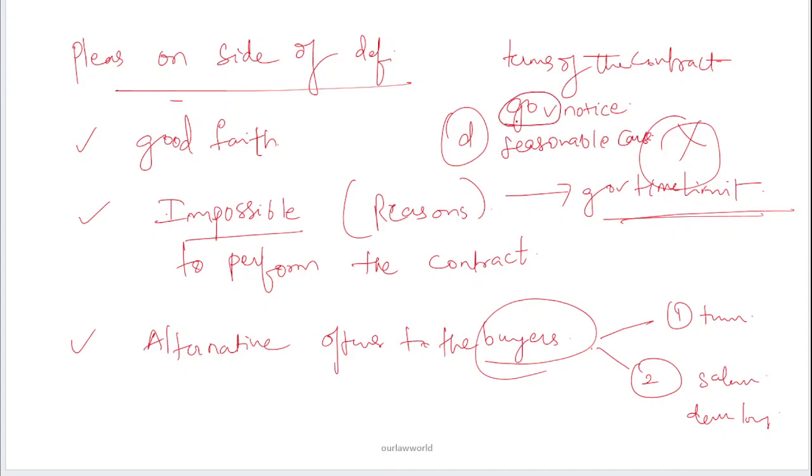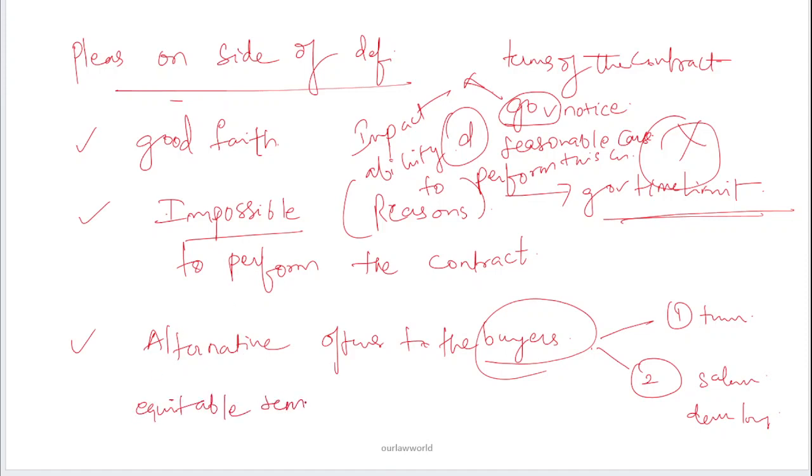And if the government has taken this land for requisition, what is the impact and what is the ability to still perform this contract, and whether specific performance in such a situation can be viable and can it be an equitable remedy. So all these scenarios will be taken into consideration and then the decision in such a case will be given.